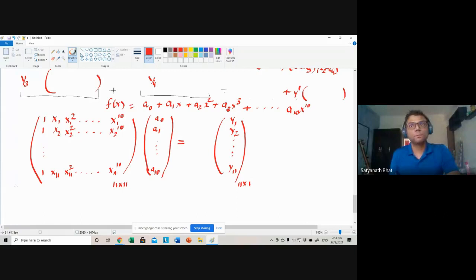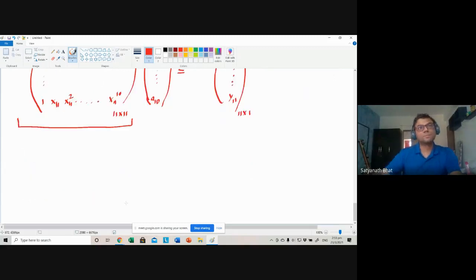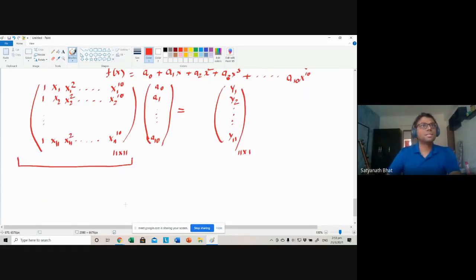First question to everybody: how many of you think this is invertible? Invertible means the determinant of this, so it's basically some Ax equal to b. How many of you think determinant of A is equal to 0, and how many of you think determinant is not equal to 0?